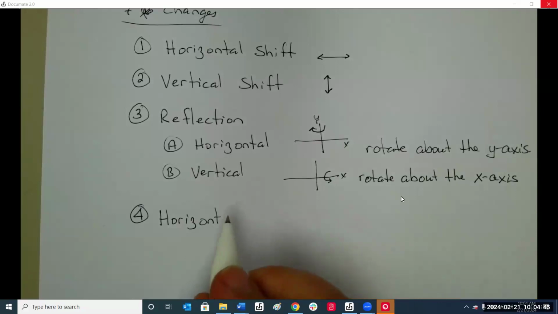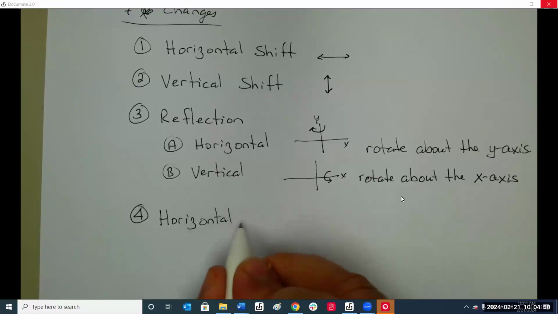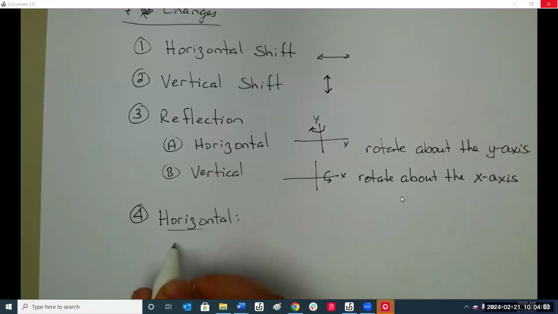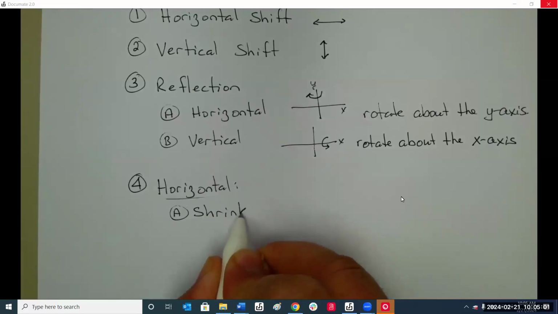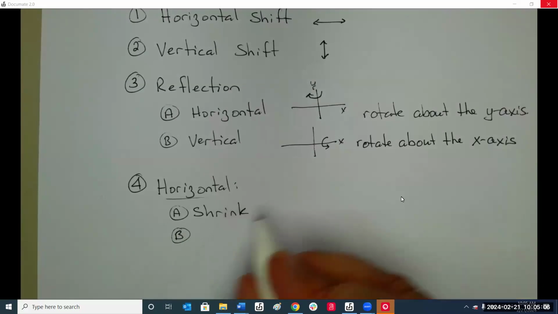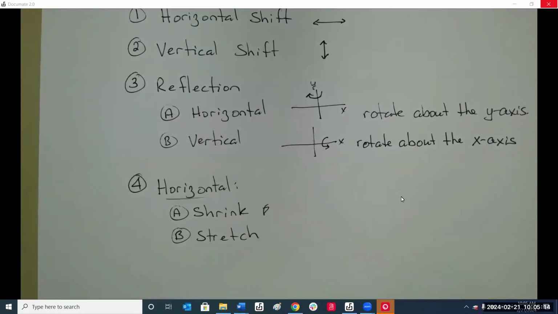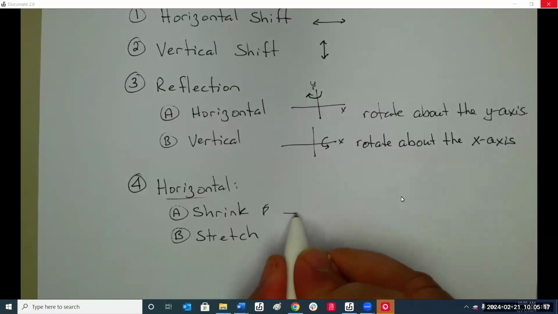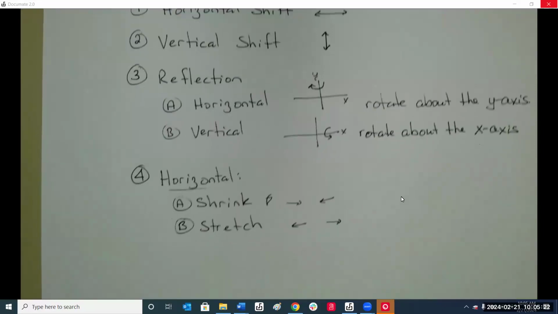We have horizontal stretch or shrink, and the horizontal stretch is where we push the graph together or we pull the graph apart horizontally.